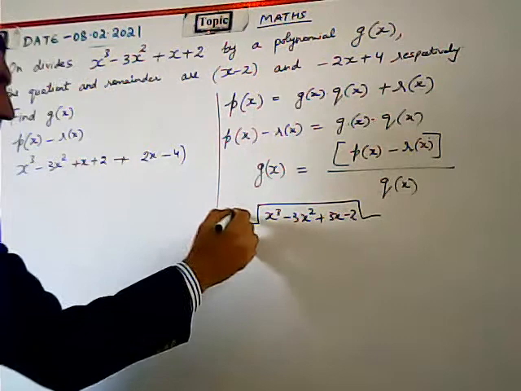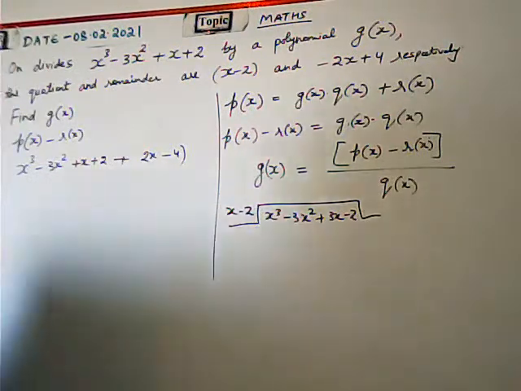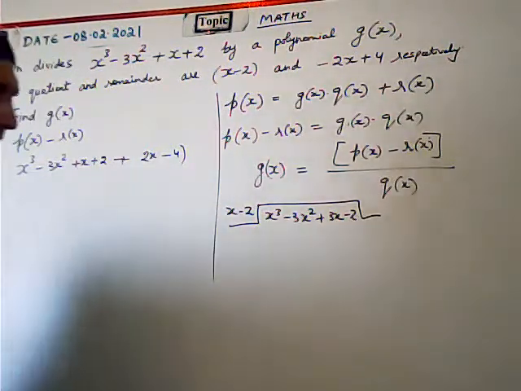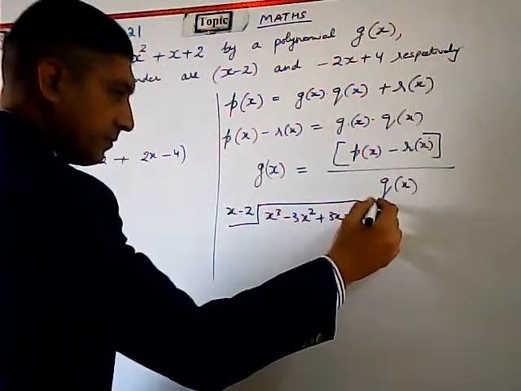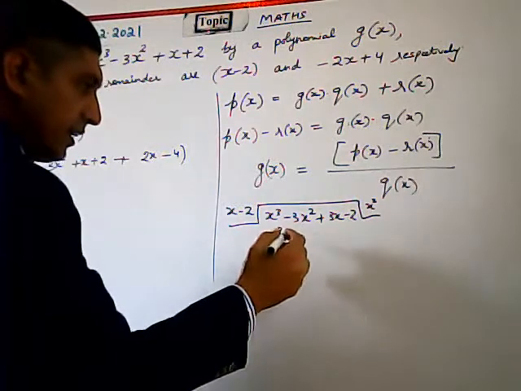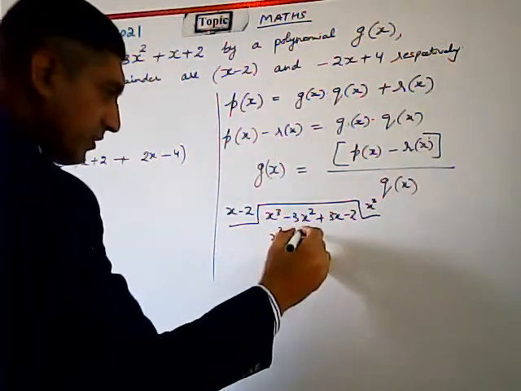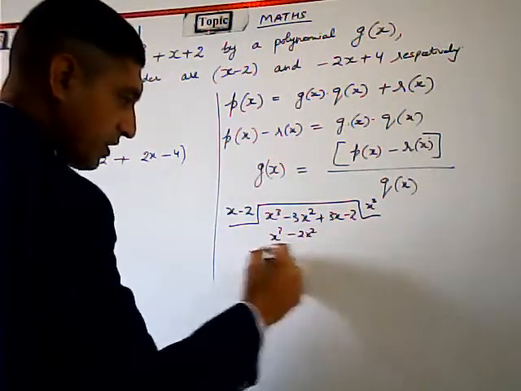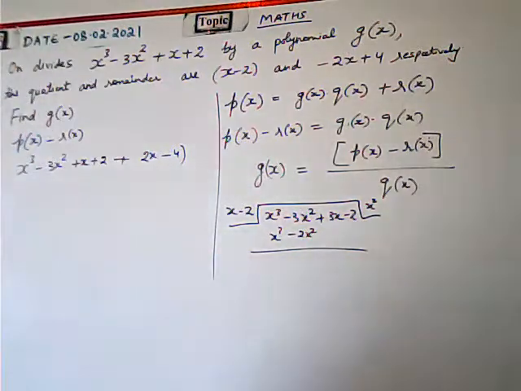So we will divide with x minus 2 here. What is left is x square. So it is x cube, again minus 2x square. We can subtract.